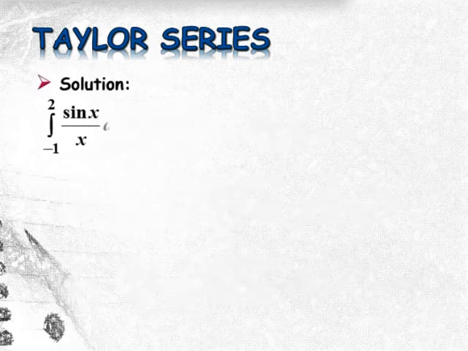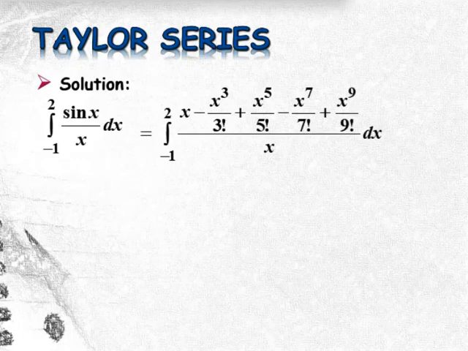So let us evaluate the integral of sine x over x dx from negative 1 to 2. First, write sine x in power series form. This time, we are going to use the addition form. That is, sine x is equivalent to x minus x cubed over 3 factorial plus x to the 5th over 5 factorial minus x to the 7th over 7 factorial plus x to the 9th over 9 factorial.